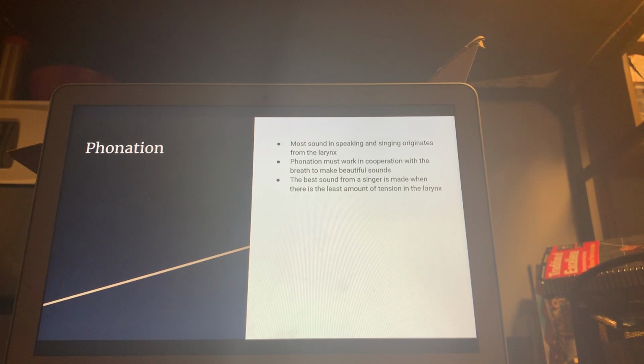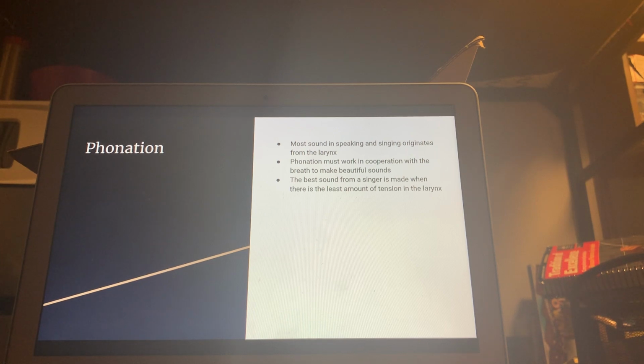So, phonation, the actual making of sound. Most sound when you speak and sing originates from the larynx. That's where your vocal folds reside. So most phonation from your voice comes from the larynx and your vocal folds vibrating together. When you sing or speak higher or lower, your vocal folds stretch and then compress.